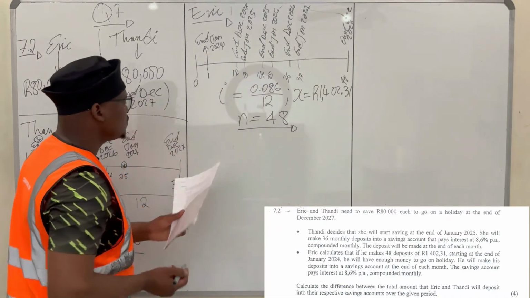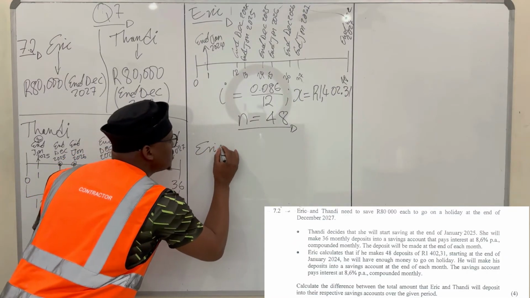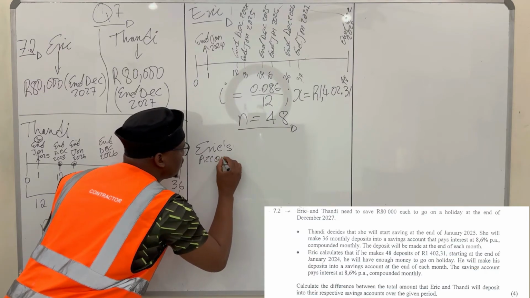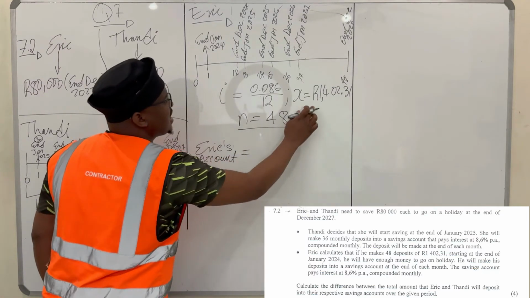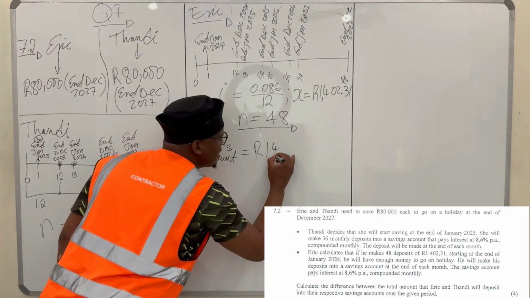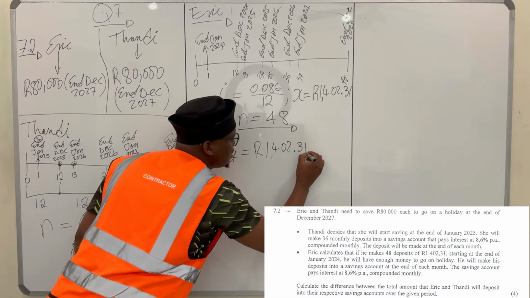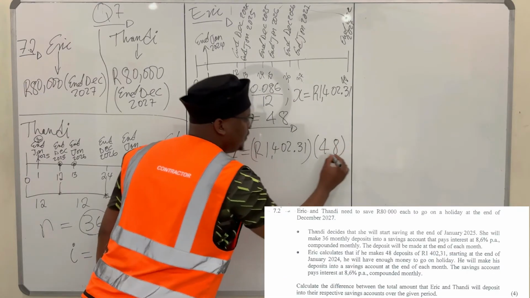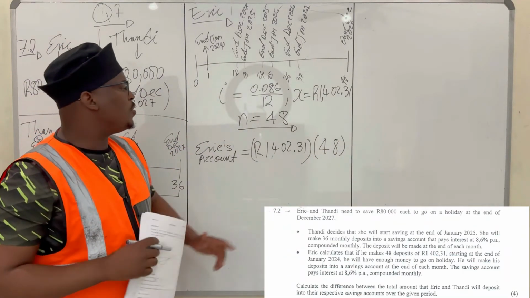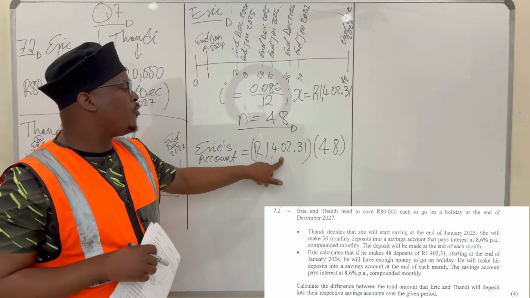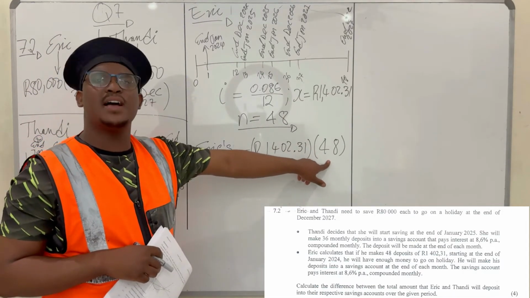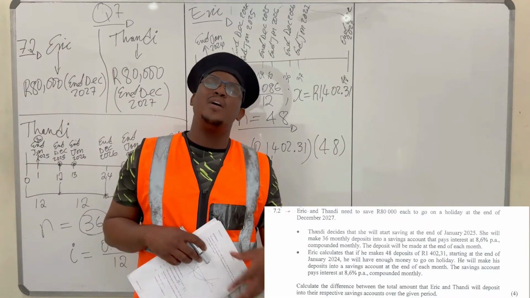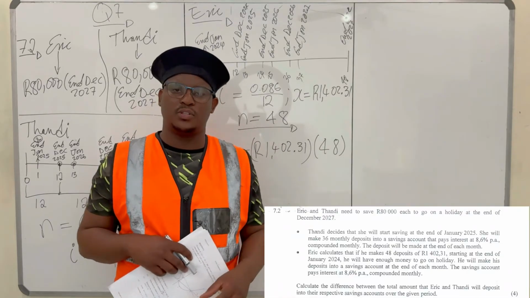In Eric's account, he was depositing 1,402 rand 31 cents, and there's 48 of them. So he was depositing 1,402 rand 31 cents for 48 months. So the answer to this will tell us how much Eric deposited into his account.